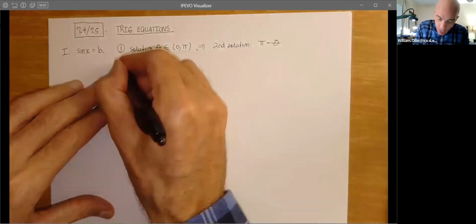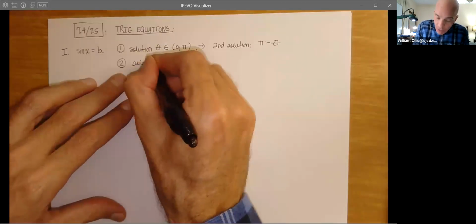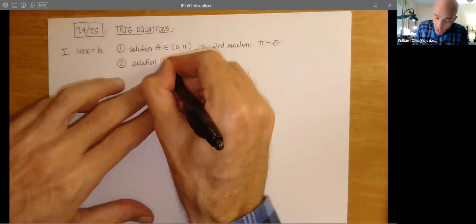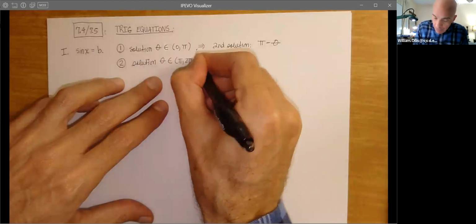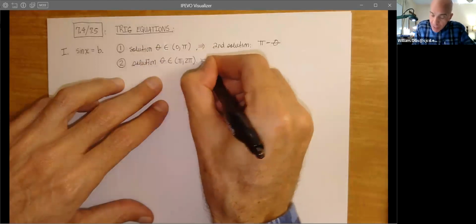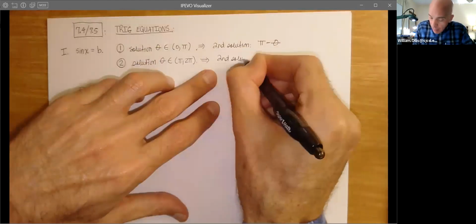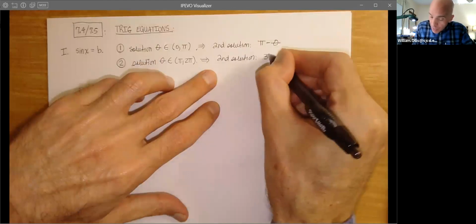Now, the second part of Professor Ron's lemma is that maybe you have a solution, and we've done this, and I've ranted about it forever. If we have a solution in the lower arc, then this implies the second solution, and I proved this in class, will be 3 pi minus theta.